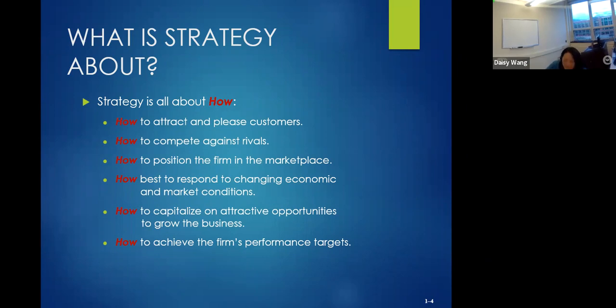I hope by the time we have the opportunities, you guys are familiar with the game enough so you can grab the opportunity. Some companies will be able to, and some would ignore the opportunities, but let's hope you will be able to do it. And then how to achieve your performance target. Those are what strategies are about.